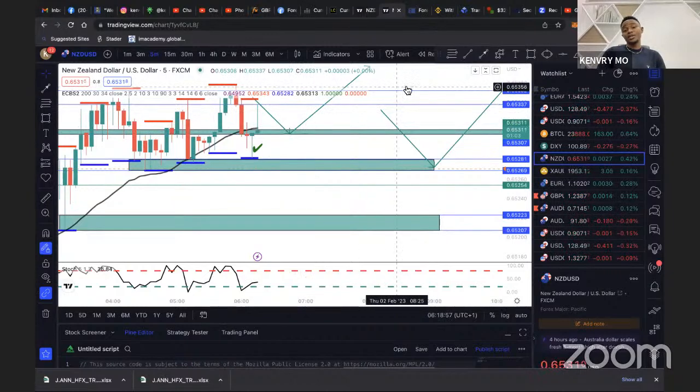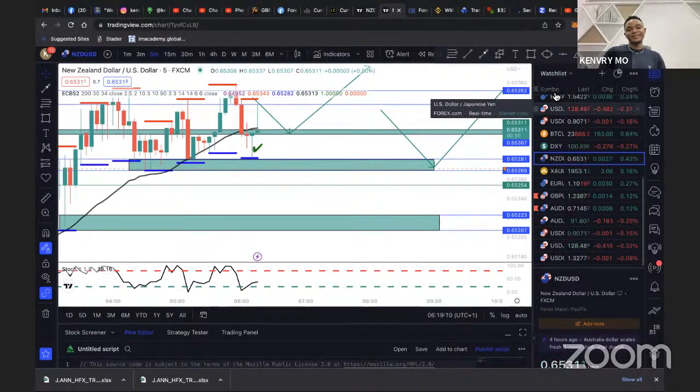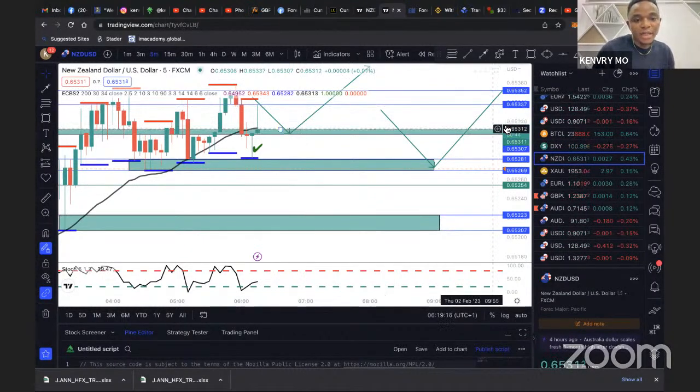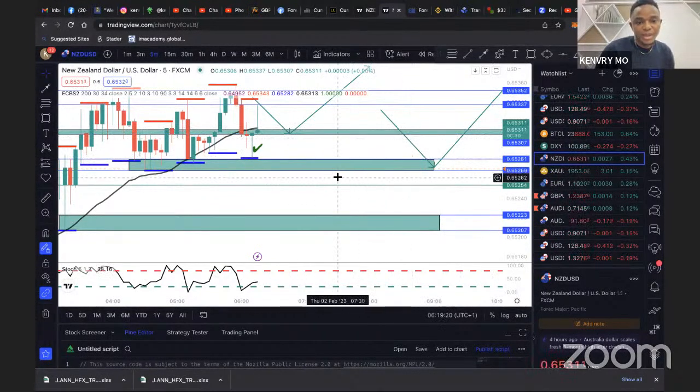It's moving dangerously right now. And this is the last minute. So if it rejects, it means it's still trying to pull back. All right, but let's just hope this takes us off before it pulls down to this area.